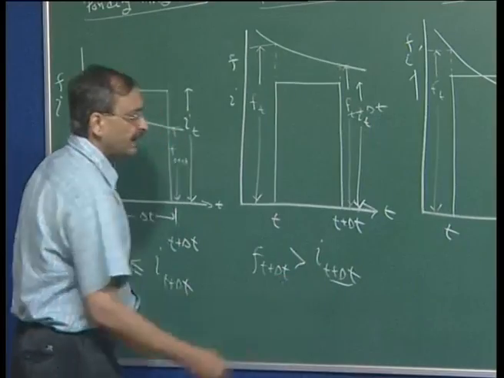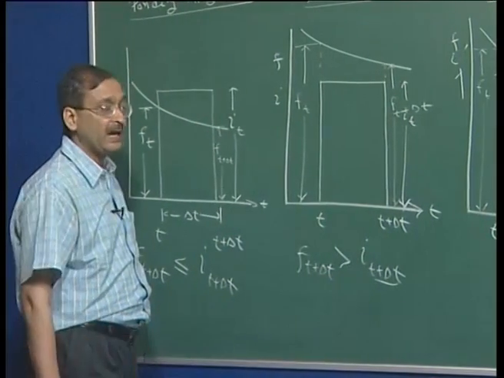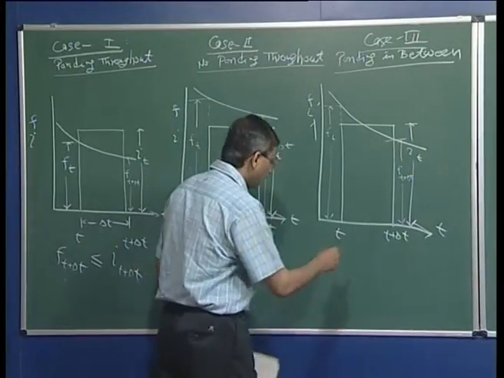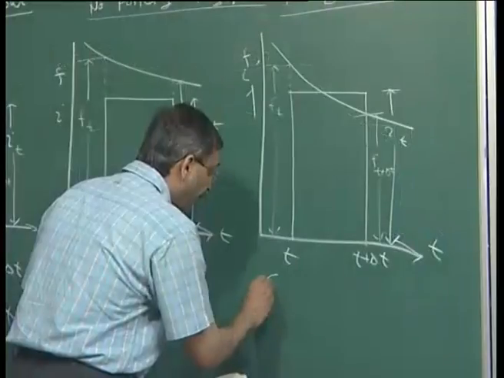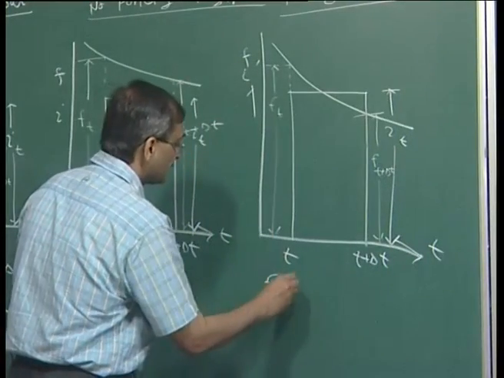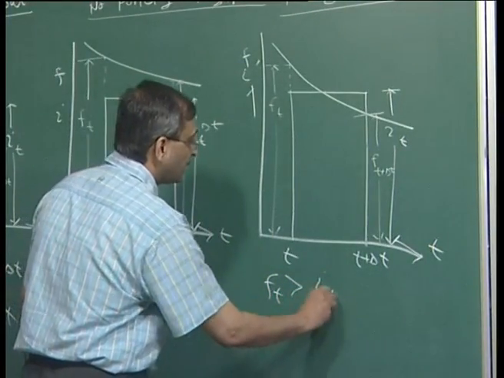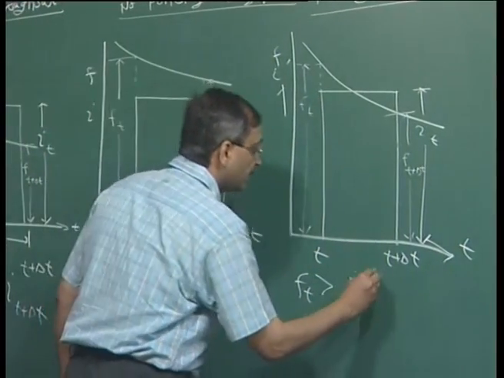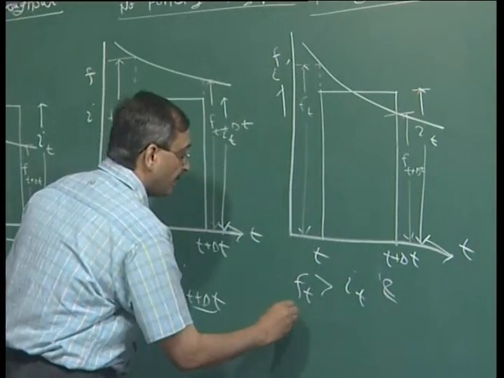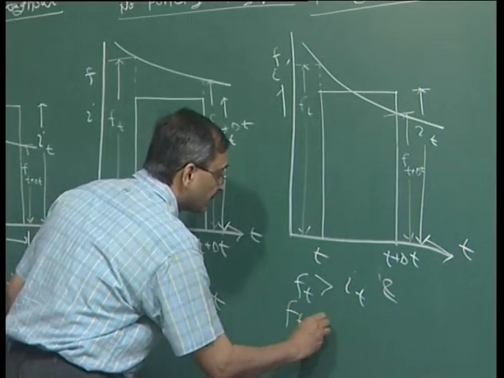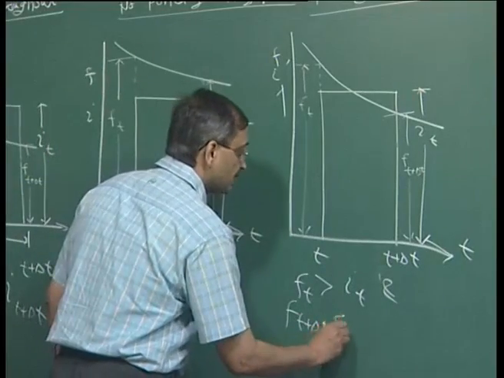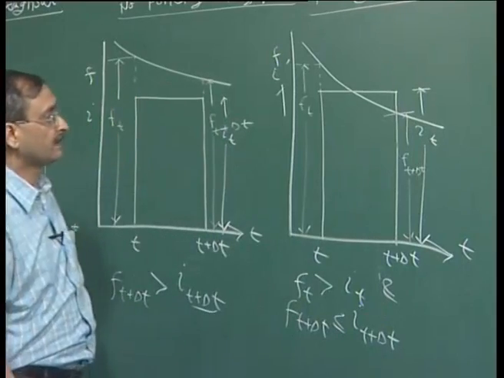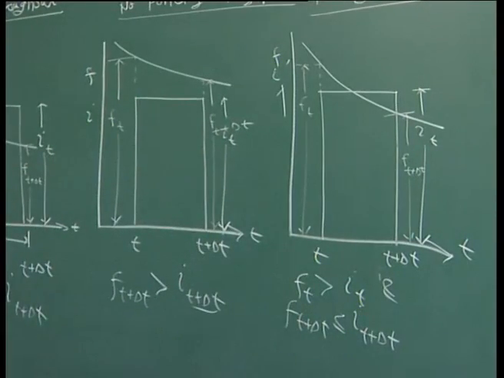Keep in mind that I at t plus delta t is equal to I of t. And then for the third case, we have f of t is greater than I of t, and f at t plus delta t is less than or equal to I at t plus delta t.